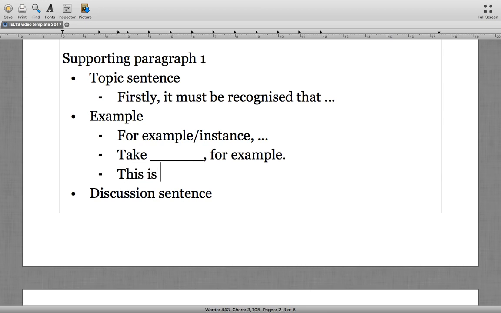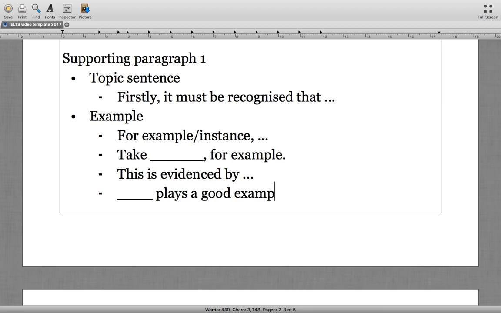Something like this is evidenced by, and then share your example. Or whatever it is, plays a good example here.